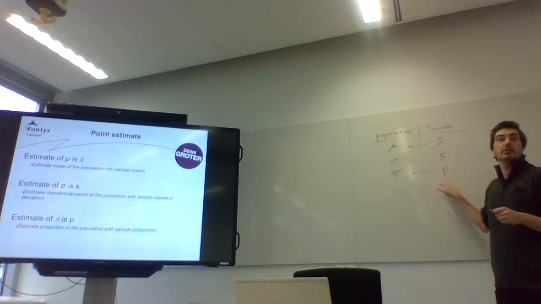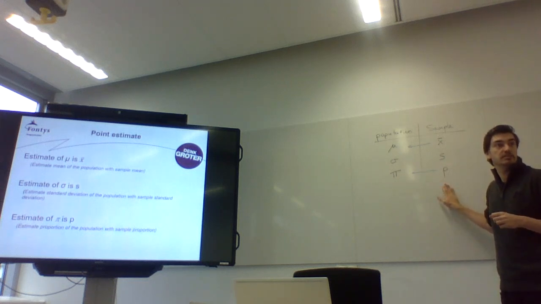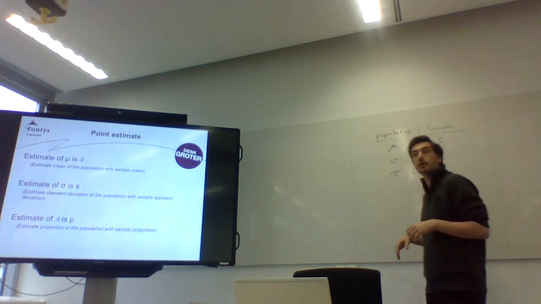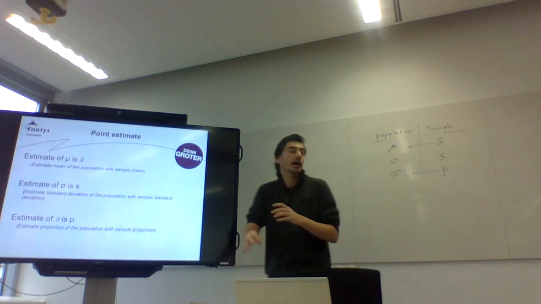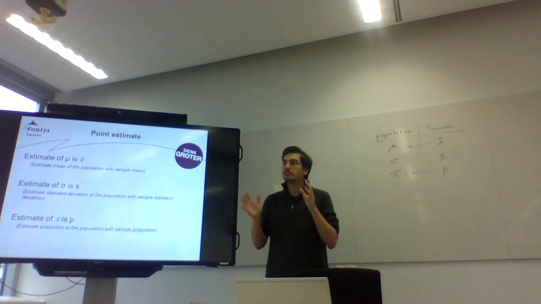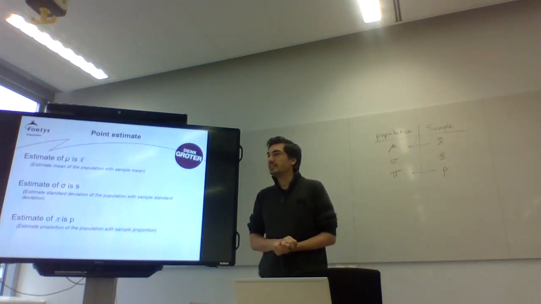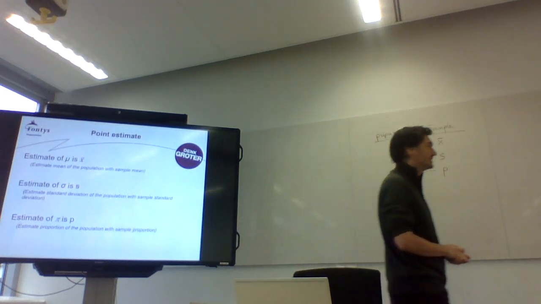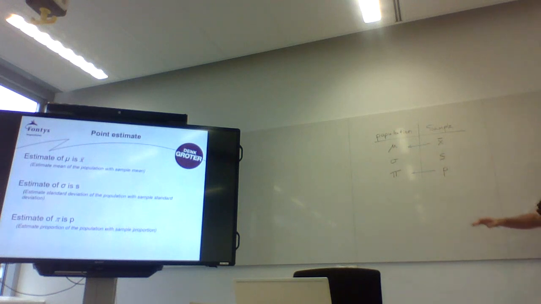Unfortunately, I have no idea why we use these variables for this. I have no idea why we use the letter. Well, I have an idea of why we use the letter p and pi, but it's not very strictly historically based, in my mind at least.